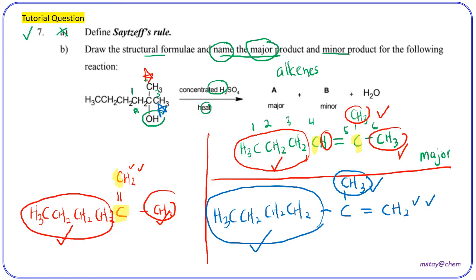So 6 carbons. However, even though we have 6 carbons, for this case we prefer numbering from the right to the left.